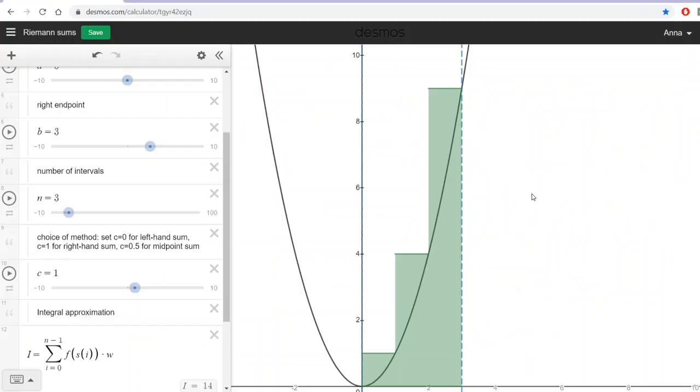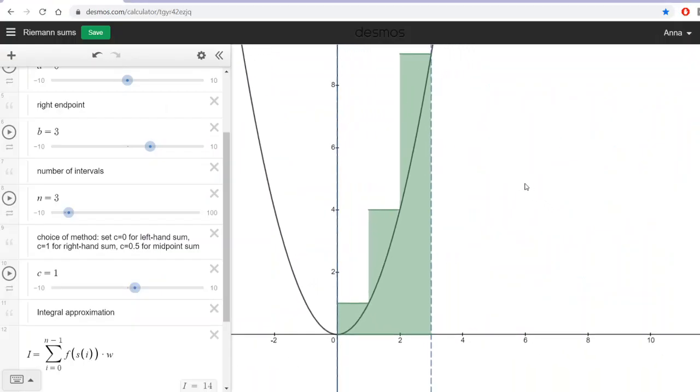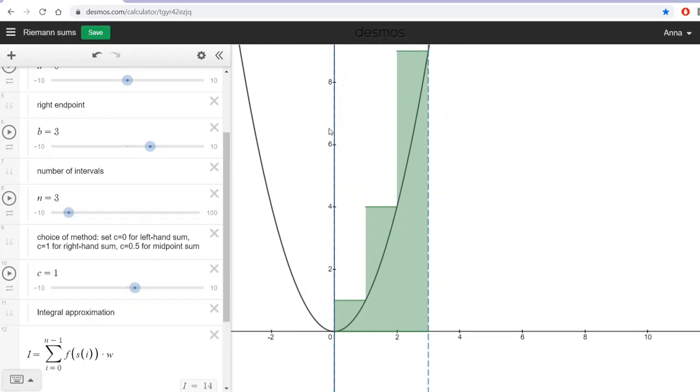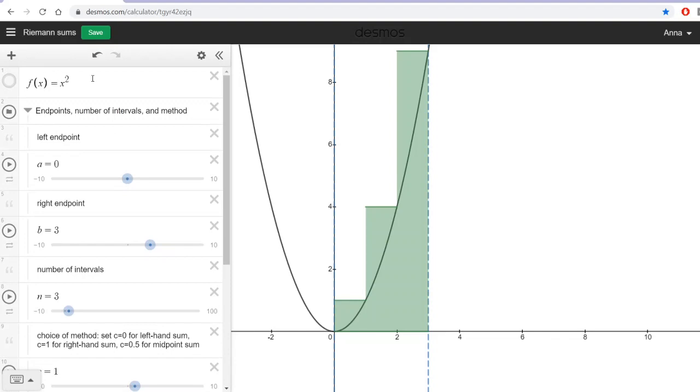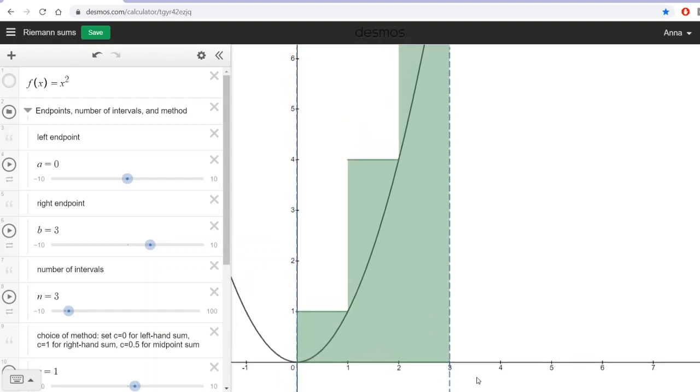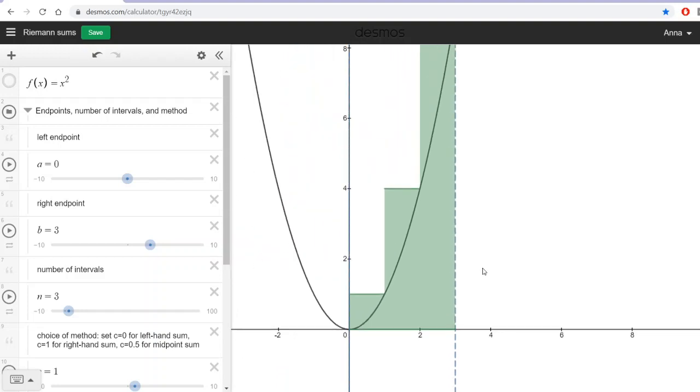So Desmos has this really cool tool, and I will link this on Canvas. Basically, you can write in a function, and then here you choose what your left and right endpoint are. Here the left endpoint is 0, the right endpoint is 3, because we're finding the area from 0 to 3.